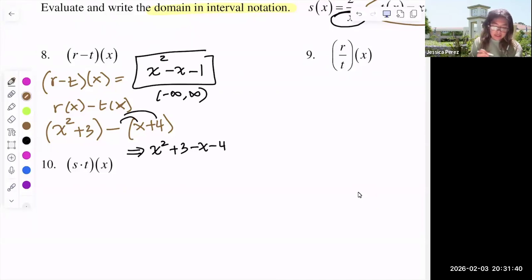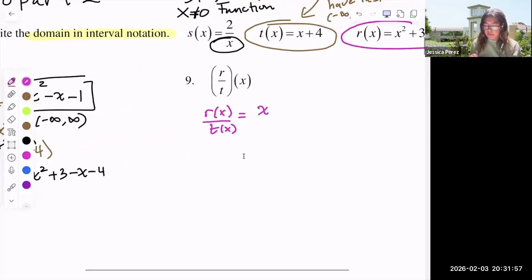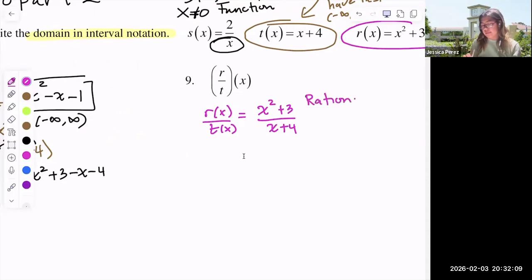And then likewise, we have a similar example. What happens if we have r of x over t of x? Now r in this case is x squared plus 3 over x plus 4. Now, if we're looking for the domain, this becomes a rational function. And we have to find, okay, what's the denominator?